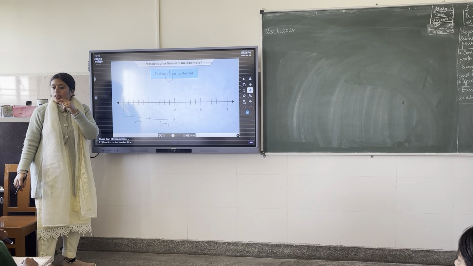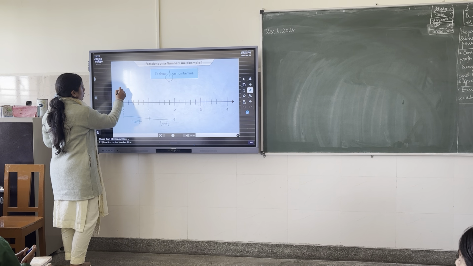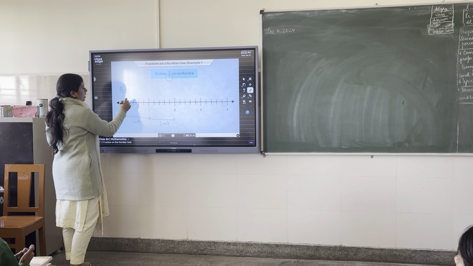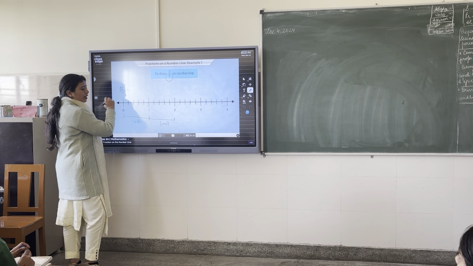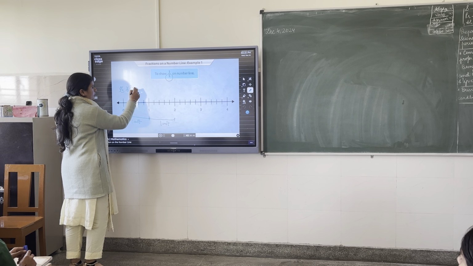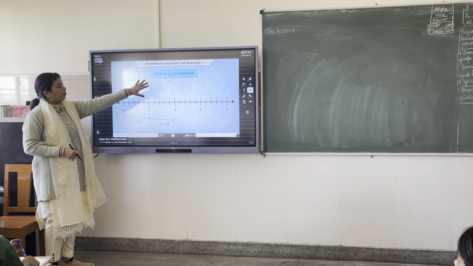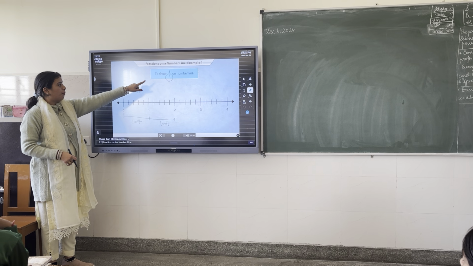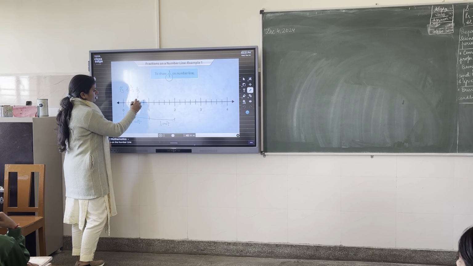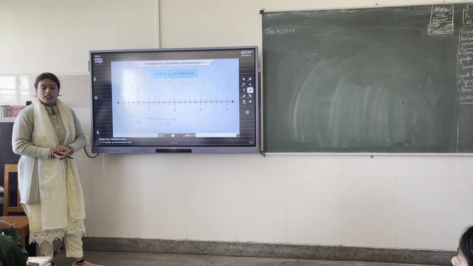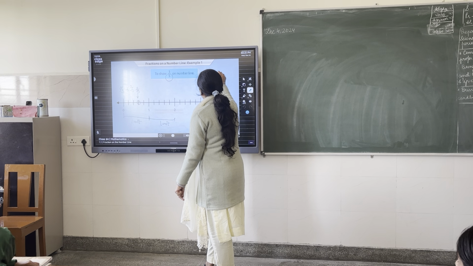Next, let's name these parts. Suppose this is 0, so we will write it as 0 upon 5. The next one, 1 upon 5. And the next one? Next? So the fraction here is 3 upon 5. Where is 3 upon 5? Here. Correct? Now suppose I need to mark 9 upon 5.